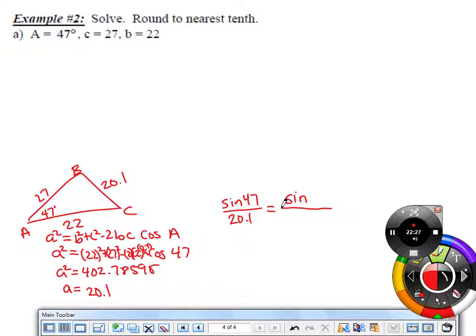So when I go to set this up, okay, I'm going to save the biggest angle for last. So I'm only looking for either angle B or angle C. If I'm saving the biggest one for last, which one am I calculating right now? Sine of B. Good. And then I would put that over 22. So I'm kind of making a random decision, but not really, right? Because my calculator has some limitations on what it will calculate. So then I'm going to go ahead and multiply both sides by 22.